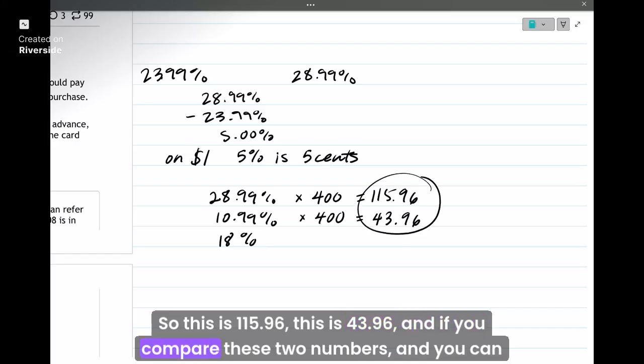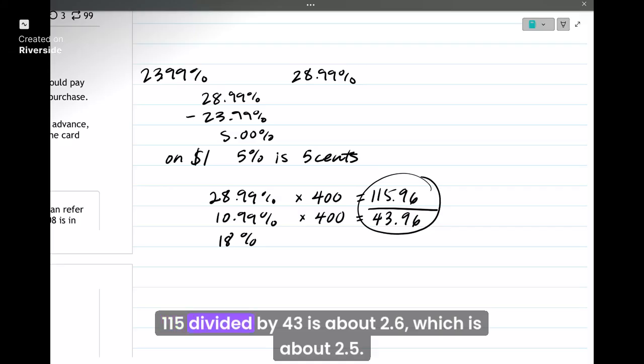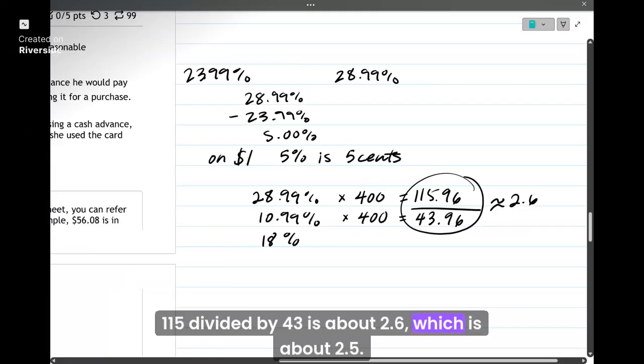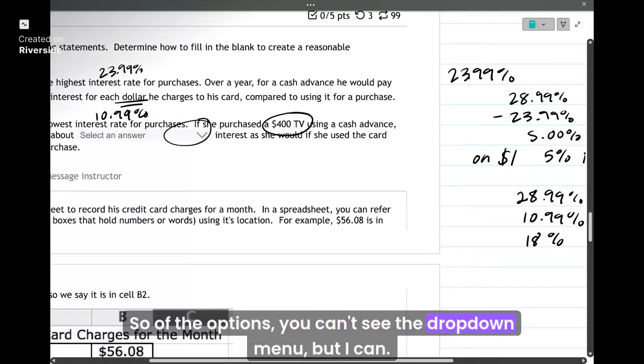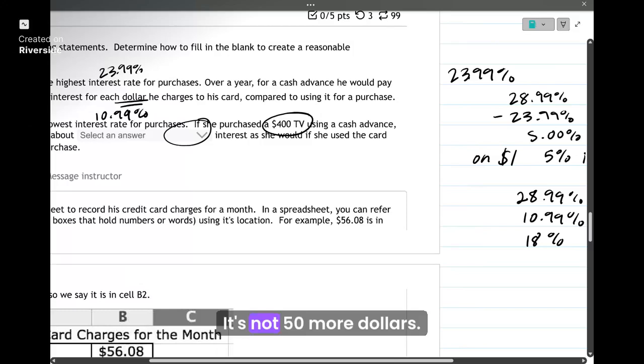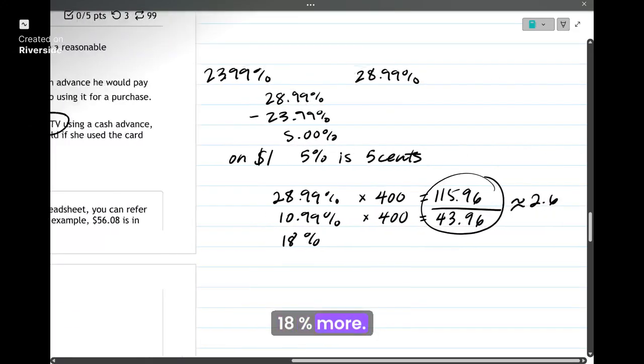And if you compare these two numbers, and you can compare them by dividing, 115 divided by 43 is about 2.6, which is about 2.5. So of the options, you can't see the drop down menu, but I can. It's not $50 more. It's not 18% more.